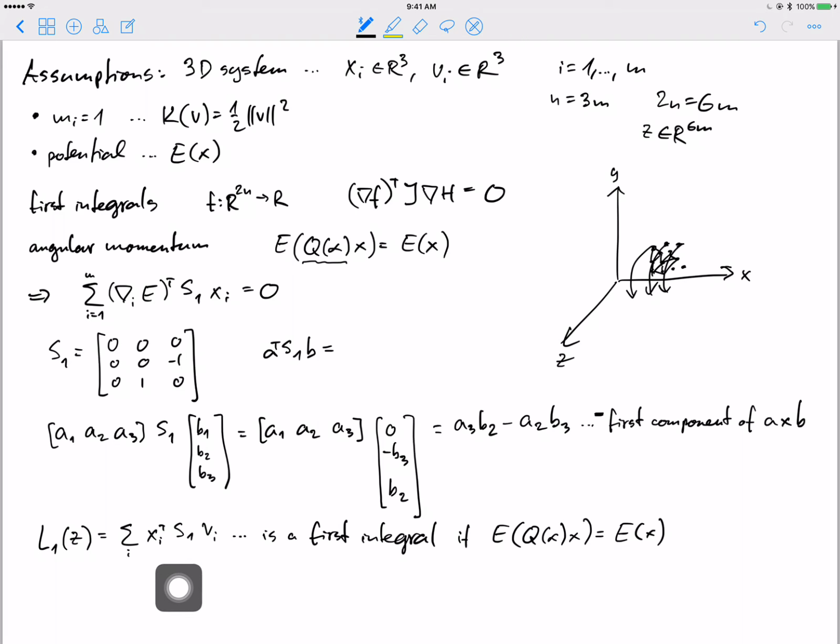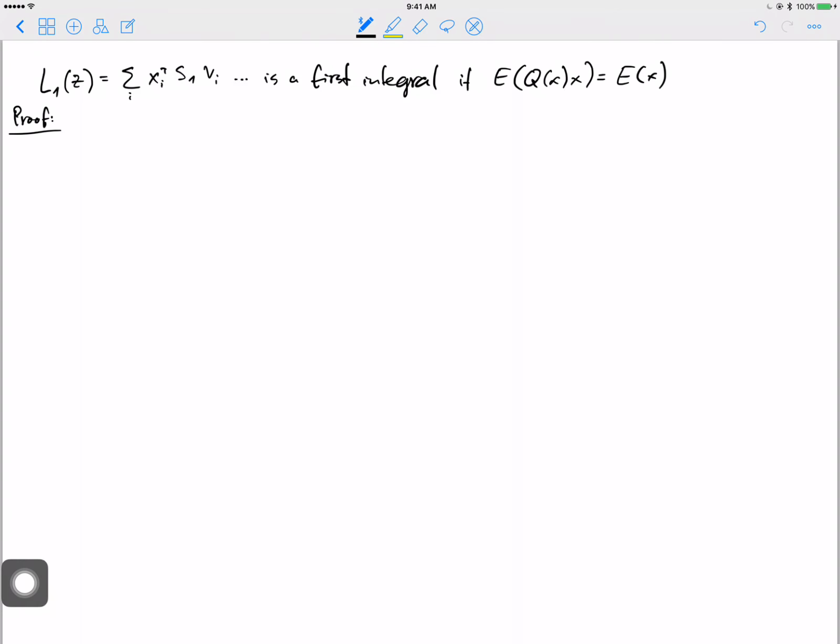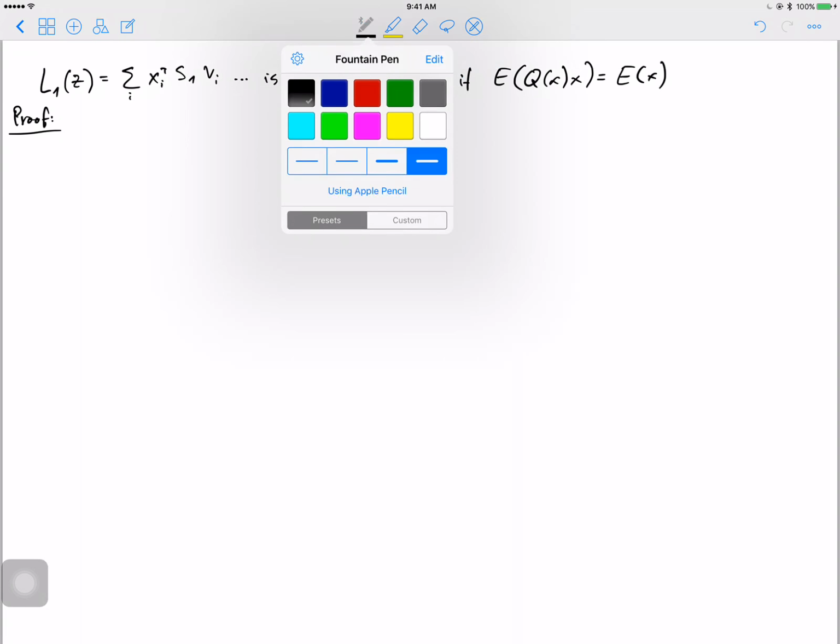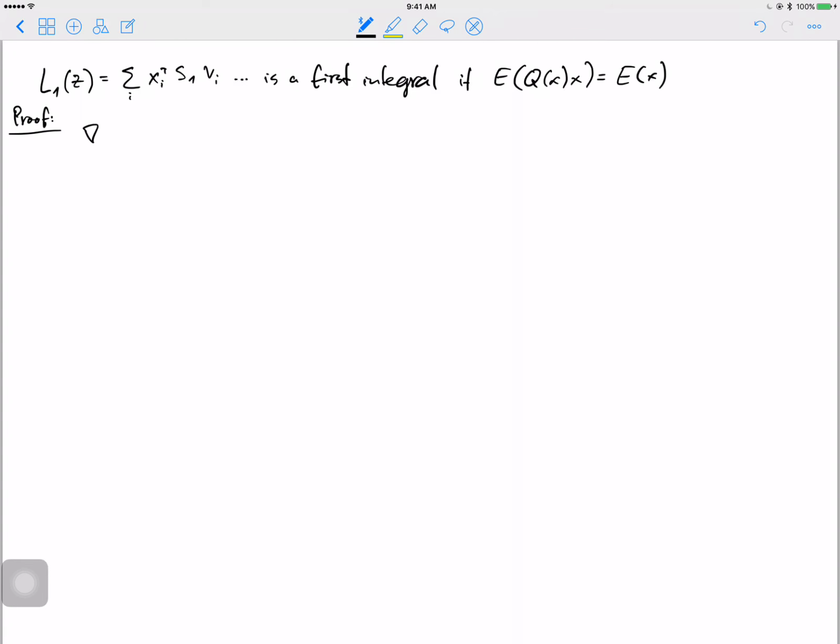So the next thing we will need is the gradient of L1. So let's figure out what the gradient of L1 is. Help me differentiate this. To get the gradient, we need to differentiate. So z is a stack of x1, x2 up to xm, then v1, v2 up to vm, right?